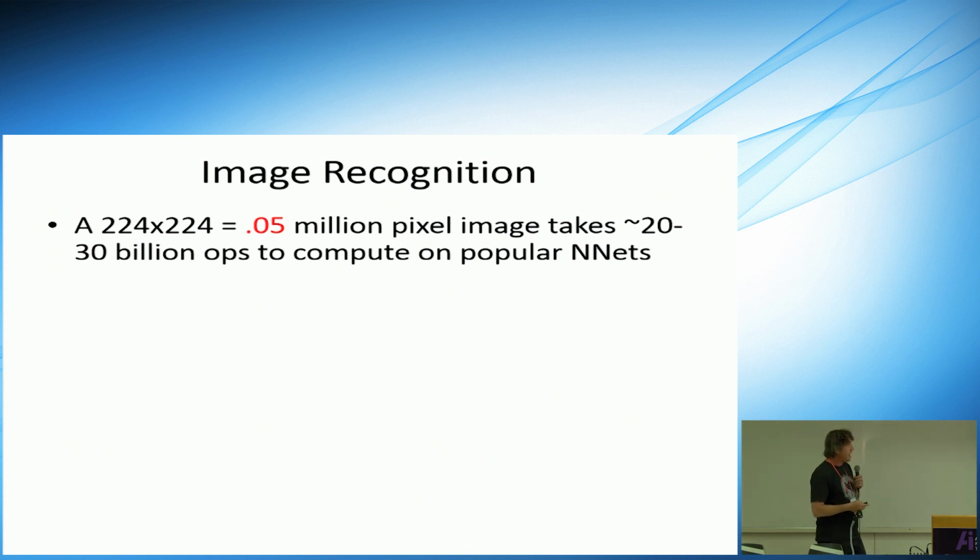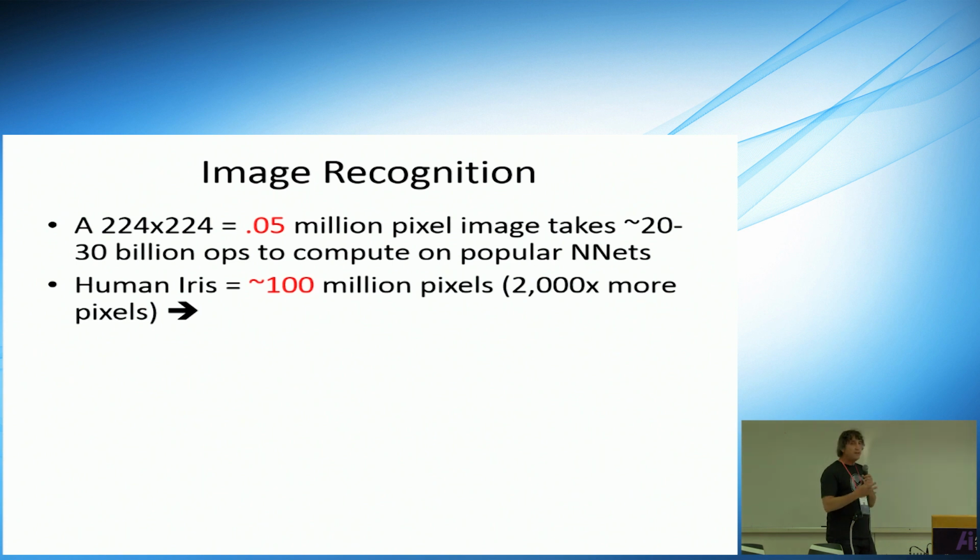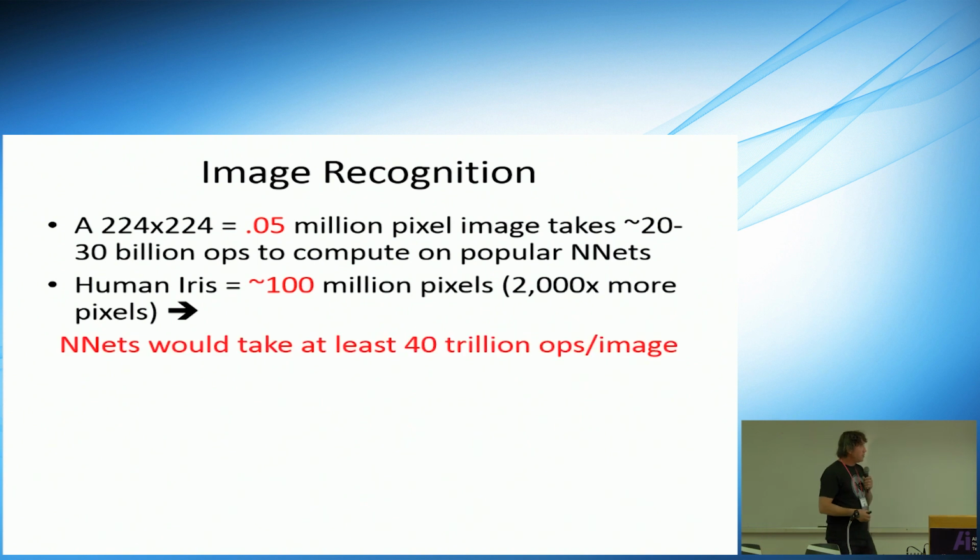And the human eye, when it takes in an image, does about 100 million pixels. So that's about 2,000 times more than the 224 by 224 image that we work with typically. Now, a neural network to process this amount of pixels, with one of the networks that we know, would take about 40 trillion operations.